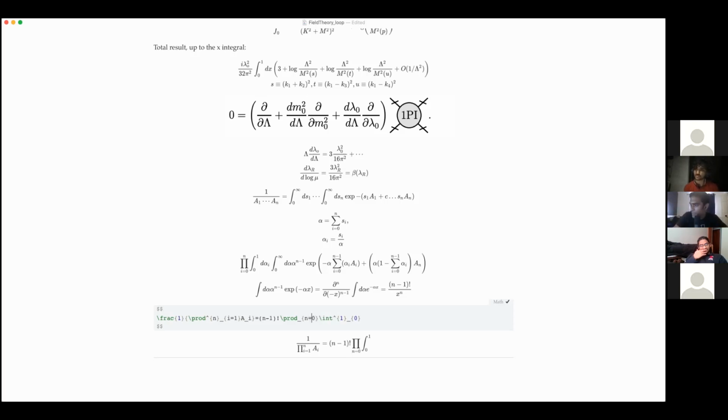Right. n equals 0, not okay, let's do 1 to n, d alpha I. Sorry, let's do n minus 1 again because we have a constraint.